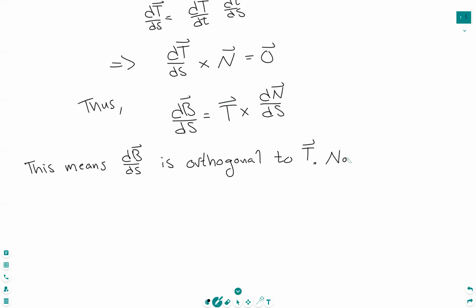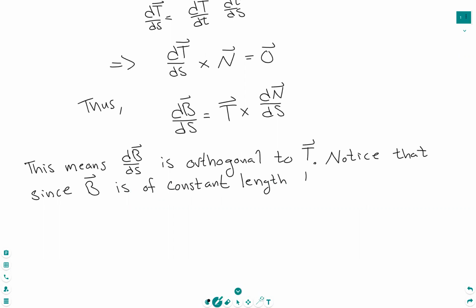Okay, so notice that since the binormal vector is of constant length, dB/ds is also orthogonal to B, right?